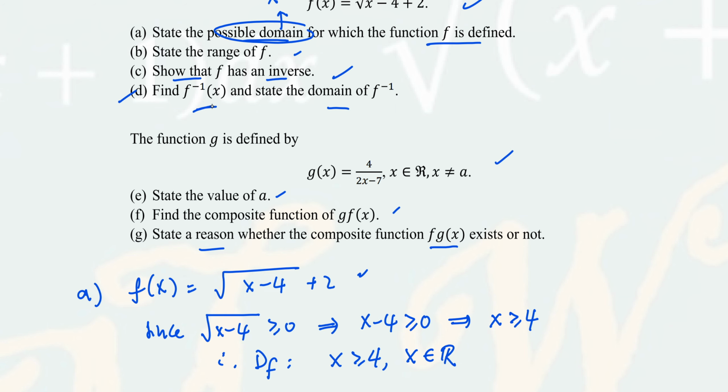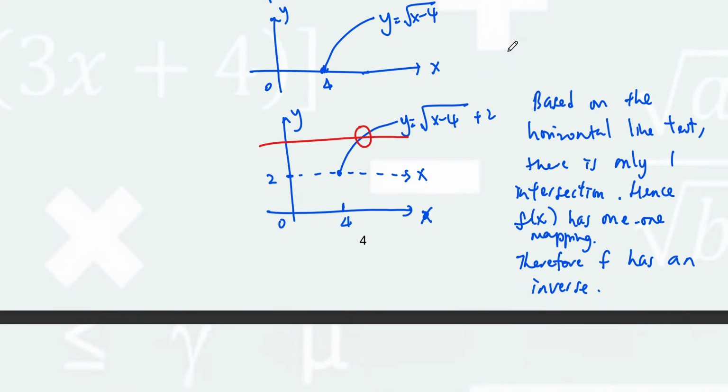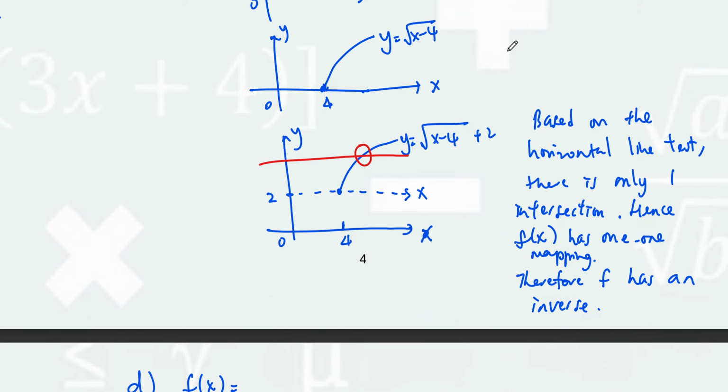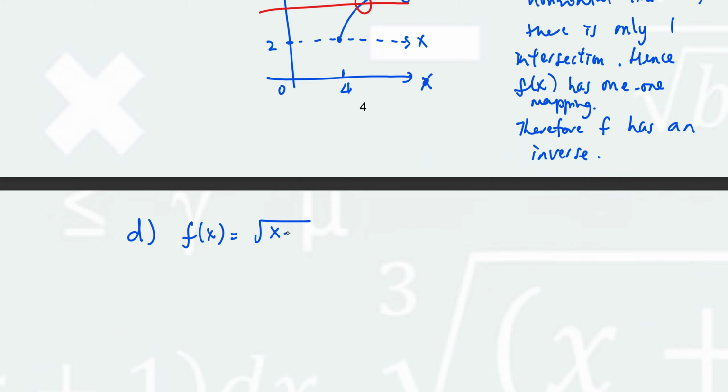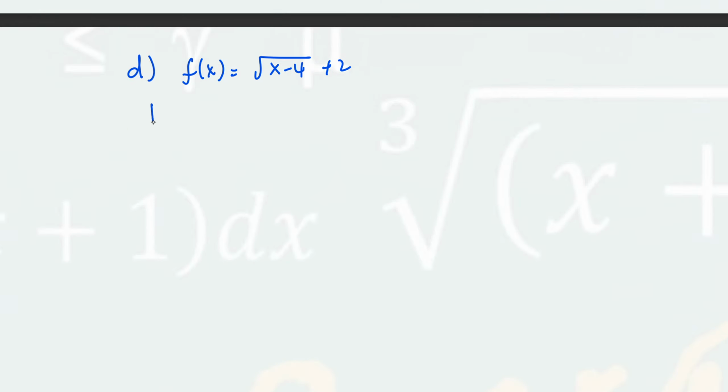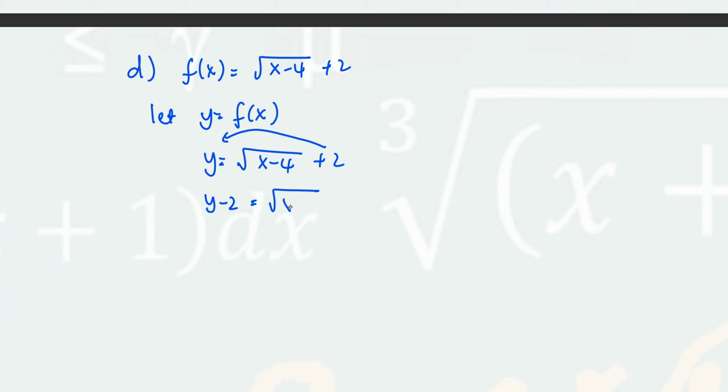Okay, now D, find f inverse and state the domain. So now for D, your f(x) is square root of x minus 4, plus 2. When you need to find the f inverse, what to do is just let y equal f(x) and make x the subject. So y equals square root of x minus 4, plus 2. Move the plus 2 to the other side. That means y minus 2 is the square root of x minus 4. To eliminate the square root, we need to square both sides.